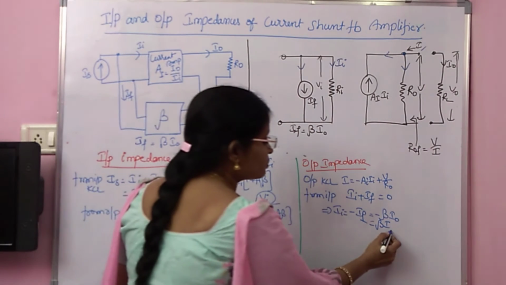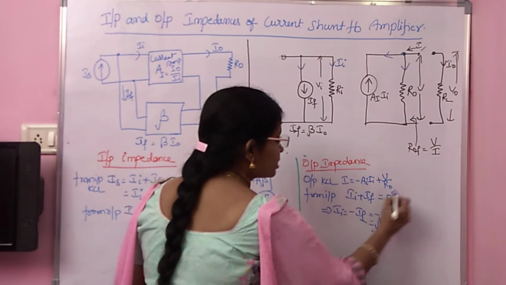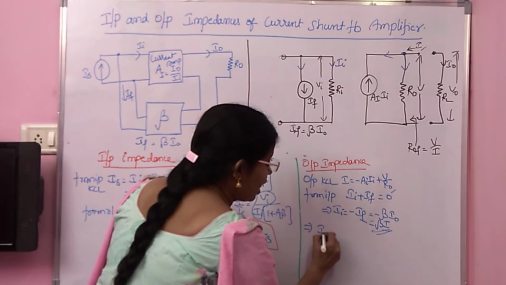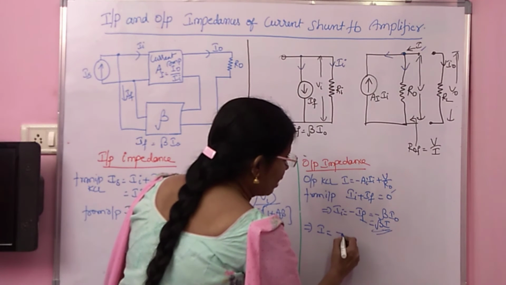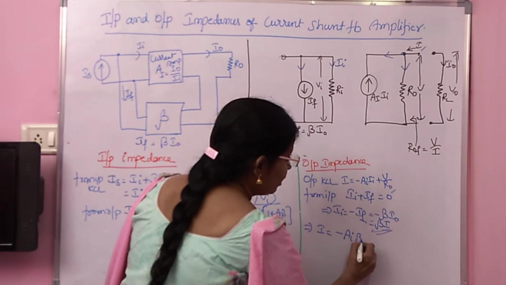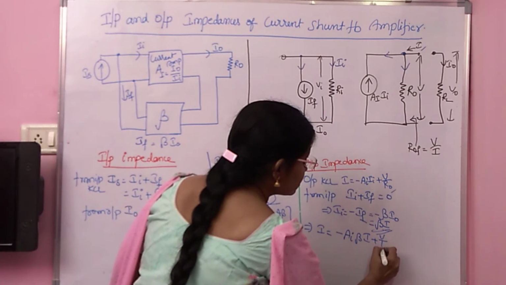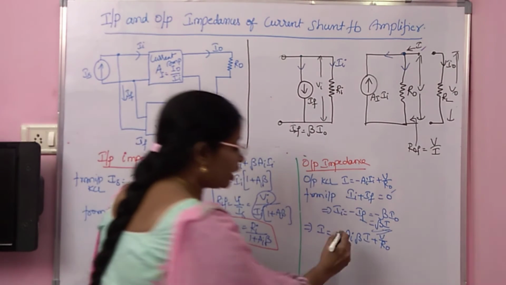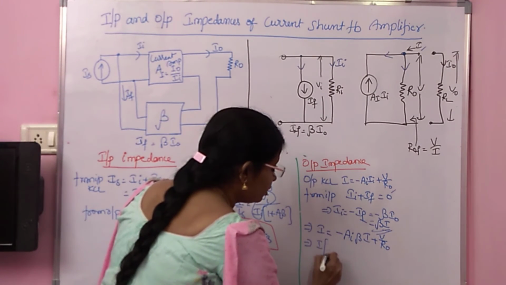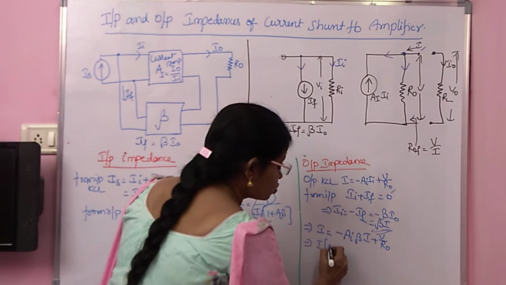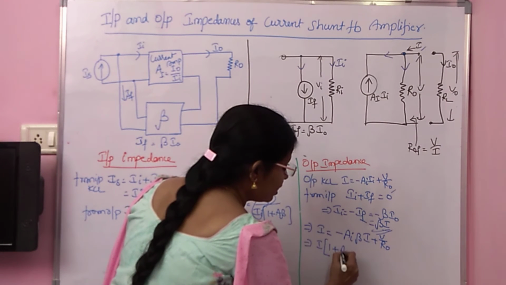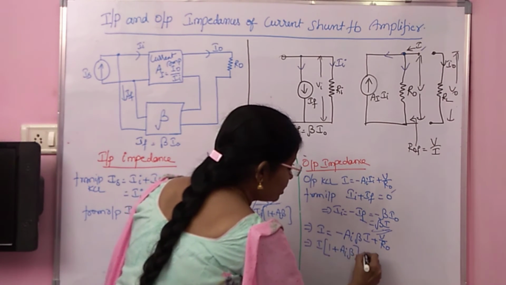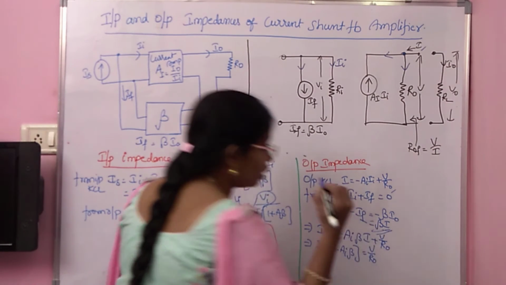Now if you substitute beta I in this expression, you will get I is equal to minus AI beta I plus V by R naught. Now take I common: 1 plus AI beta is equal to V by R naught.